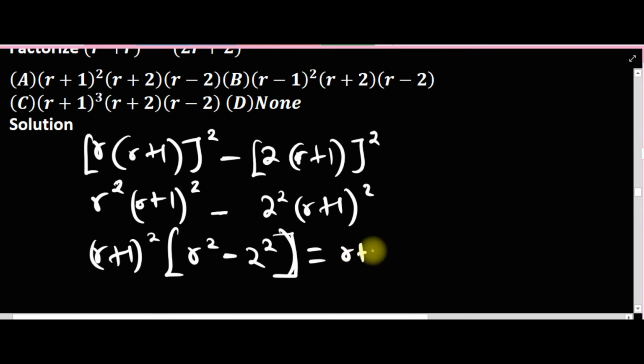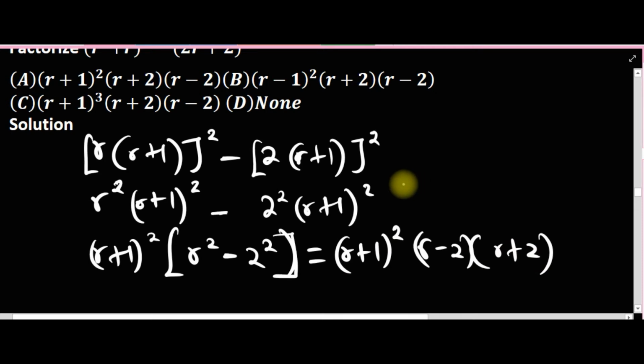And again, as you can see, we have difference of 2 squares. So we can write this as r minus 2 times r plus 2. So that's the answer. So that's the best way to solve this. Just before you start, look out for common terms. So I assume the answer is A.